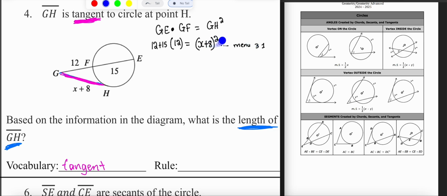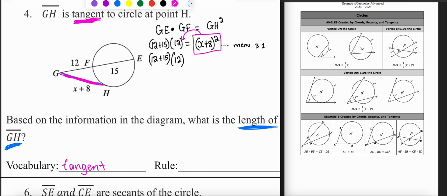Menu 3-1 will only give us one of the solutions, but Desmos rather will give us 2 solutions. So the Desmos version is going to be 12 plus 15, and let's put these in parentheses. So we're going to take this and we're going to bring it among the others over here.